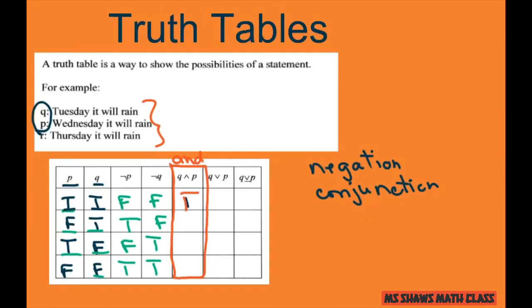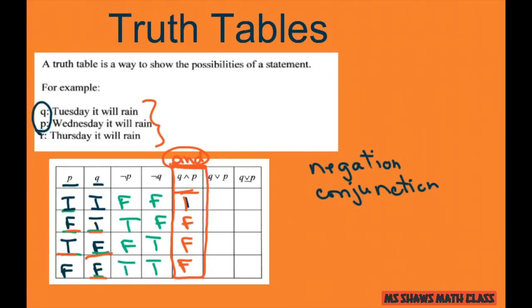True and false is going to be false. False and true is false. And false and false is false. So the only time that the conjunction is true is when both statements are true.